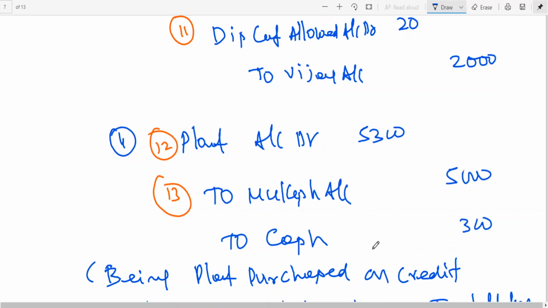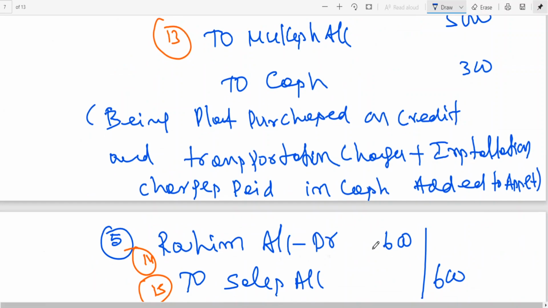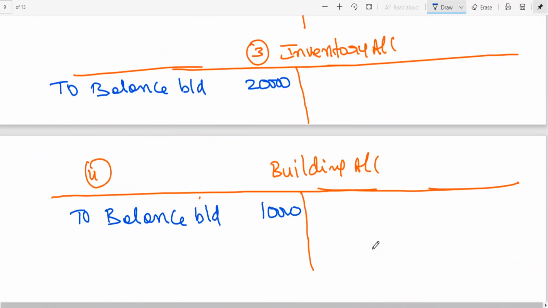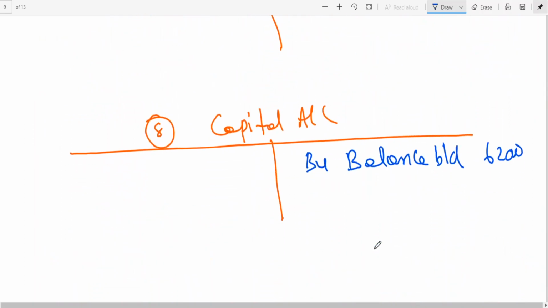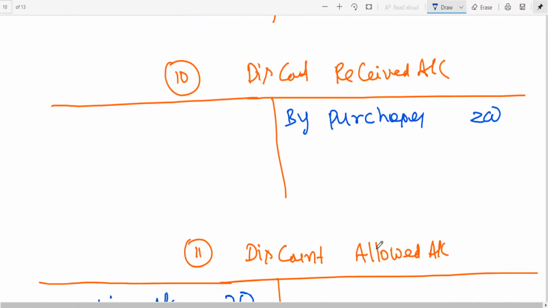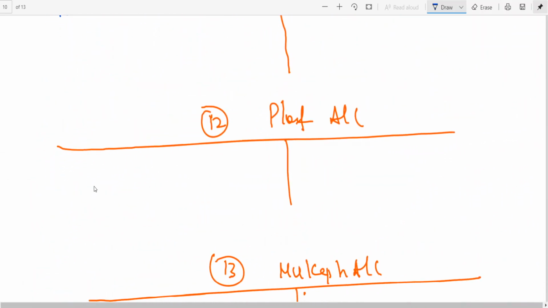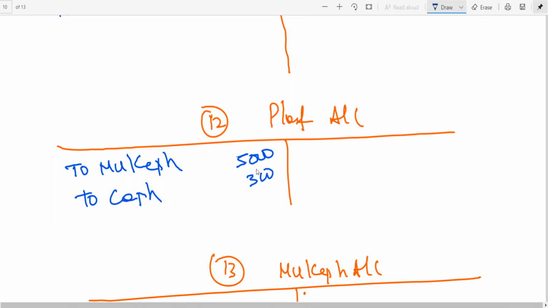So in plant account, that means 5,000 worth of plant purchased on credit. 300 rupees transportation charges and installation charges have been paid.